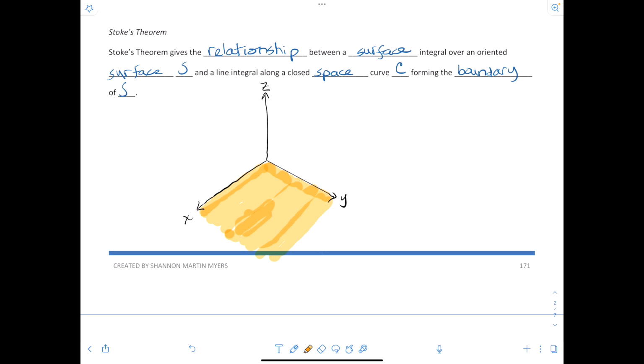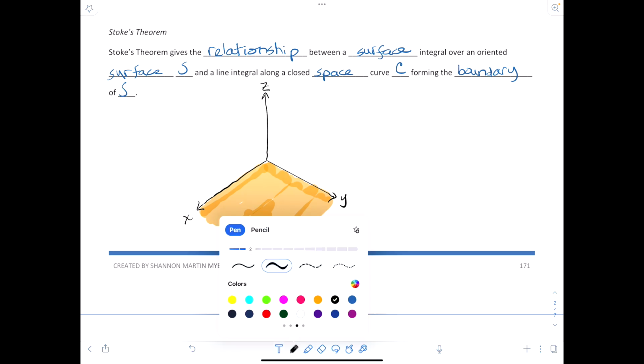So we will take a look at some kind of surface going on, right? So let's just say we have a surface like we did on that last one.